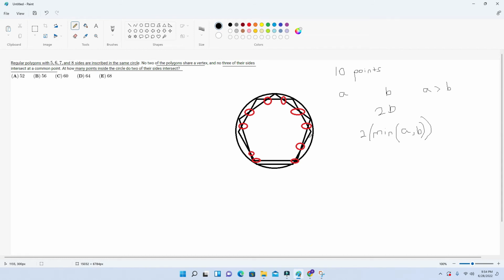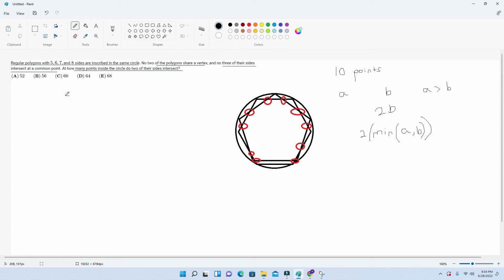But we can think about the number of sides that each of these shapes will get intersected at. So if we just think about the pentagon, right? The pentagon has fewer sides than the hexagon, the heptagon, and the octagon.